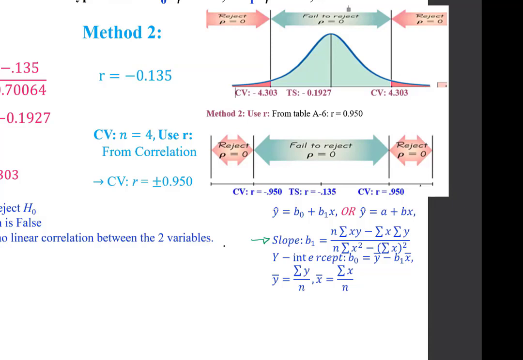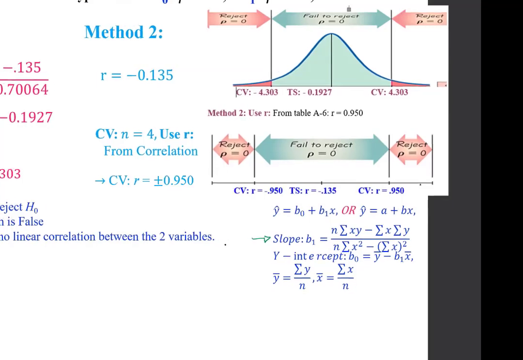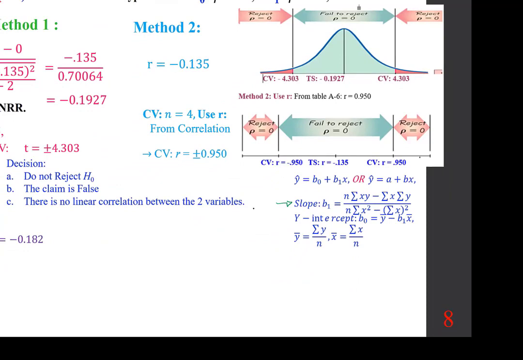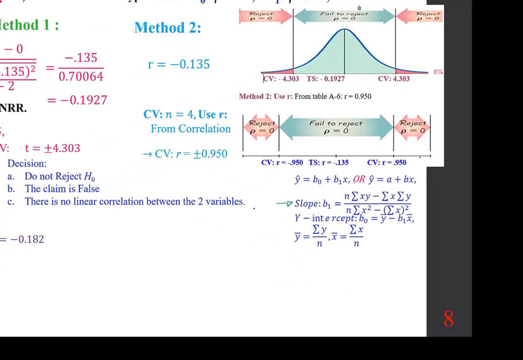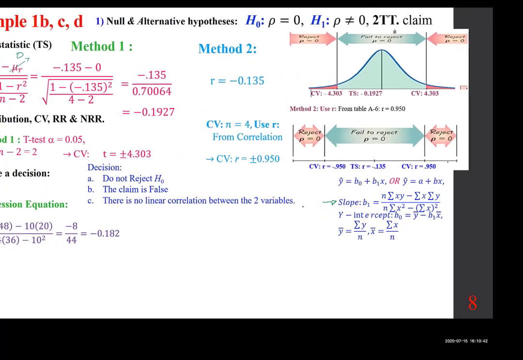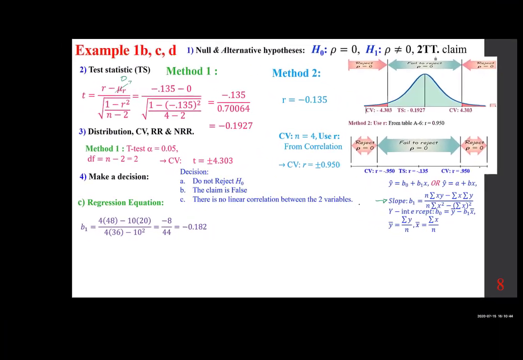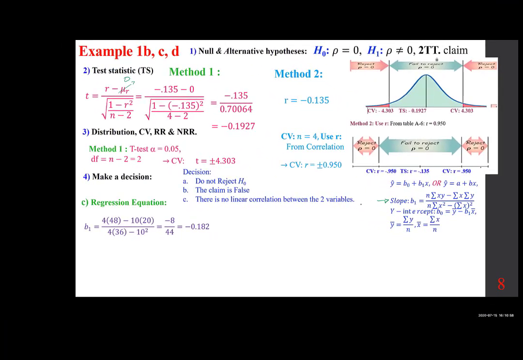We have all of that from the previous page. We put it into that equation for b1, and we find it to be negative 0.182.